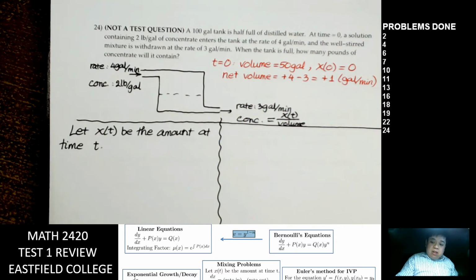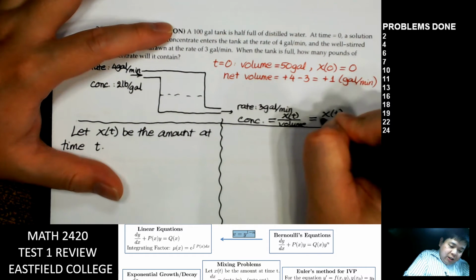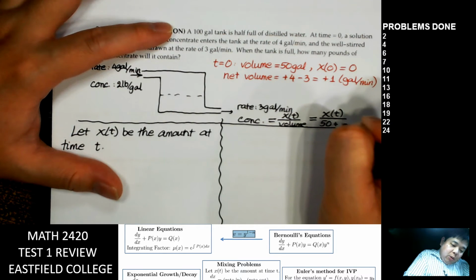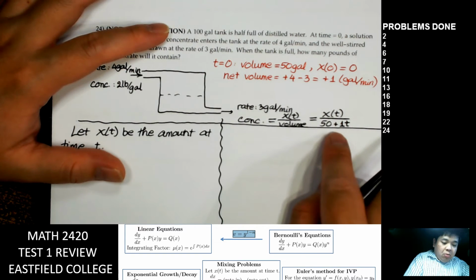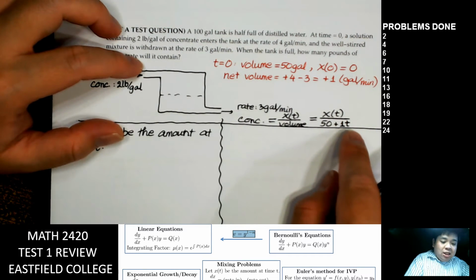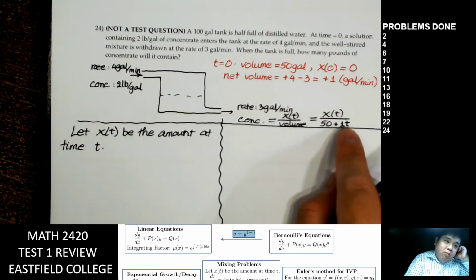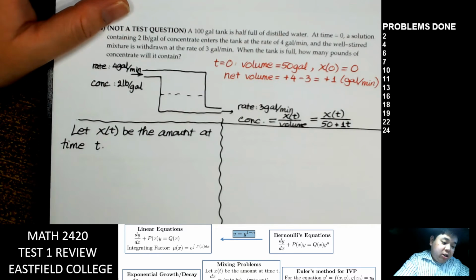Since we start at 50, the volume is 50 plus 1 gallon per minute for every minute, so 50 plus t. So that's what we have for the volume, and with that we have the concentration, x of t over 50 plus t.